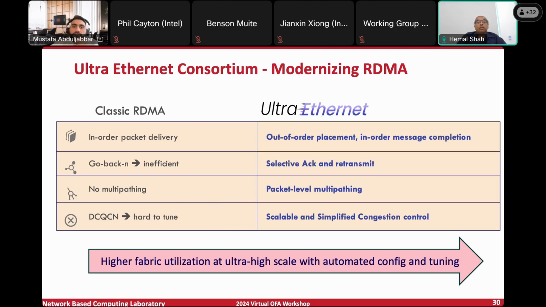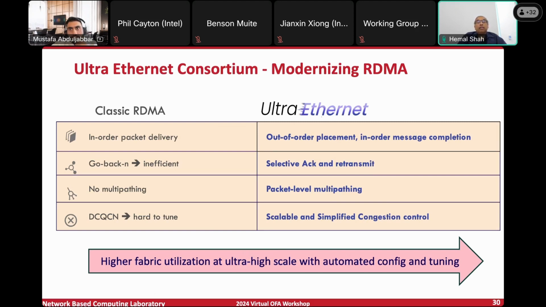The last two are related to the network. Today, RoCE v2 doesn't allow you to explore multiple paths in the network. The way networks are designed, you always have multiple paths to send packets. If multipathing is enabled at the transport level, your packets can take advantage of it.